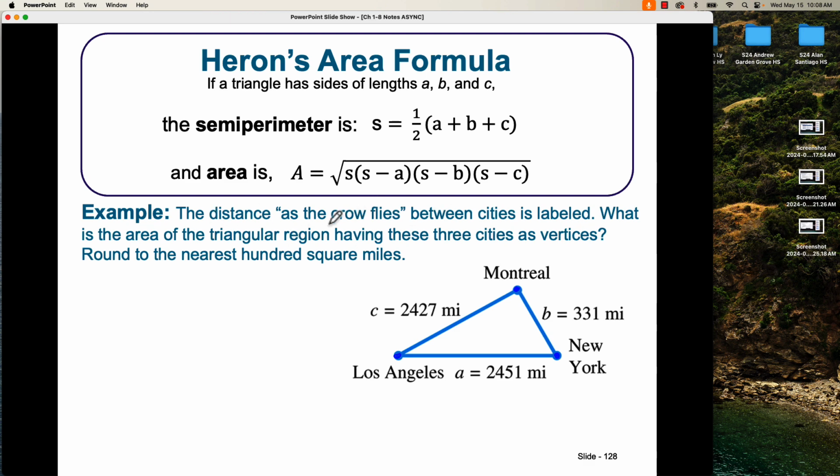These distances you see labeled are sometimes called as the crow flies, or a beeline. It means the shortest distance between the two points. So straight lines give us this constructed triangle, and we are asked to find the area of this triangle to the nearest 100 square miles.